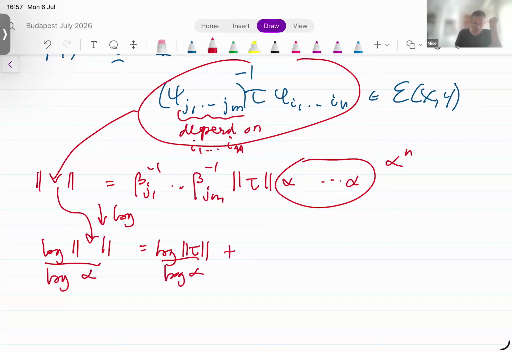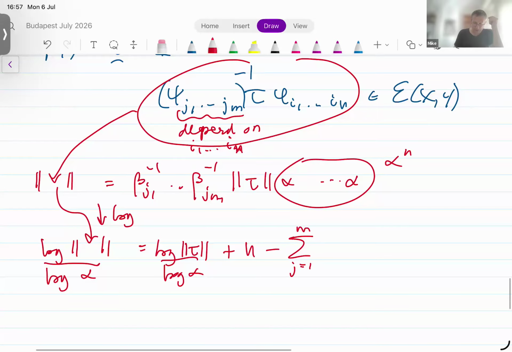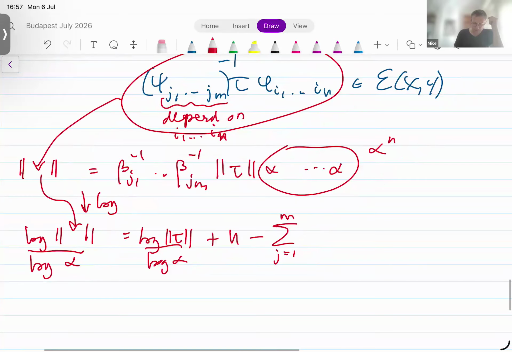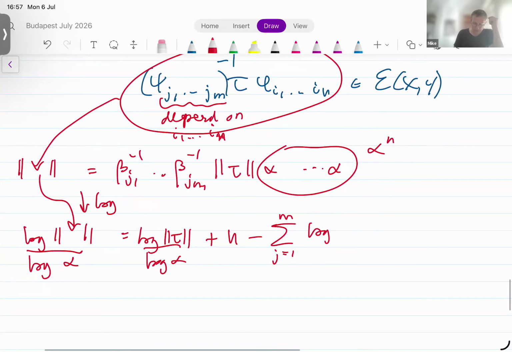And then I'm going to get n, which comes from this term: log alpha over log alpha is 1, and the n from the exponent comes down. And then I have the betas with a negative sign, the sum over j from 1 to m of log of beta j over log of alpha.